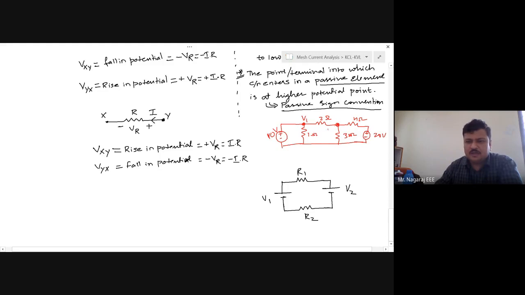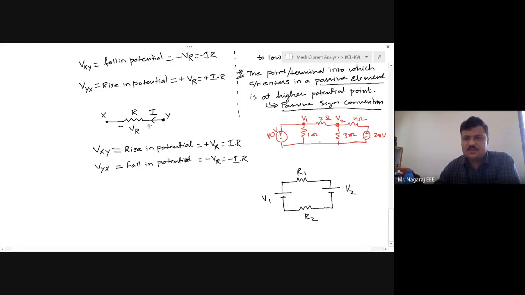Similarly, the current in the second loop or mesh will depend upon the voltage values of V1 and V2 and the current values in the 1 ohm and 3 ohm resistors. I will not know all these things the moment I get this circuit to analyze, so I have to start circuit analysis with certain assumptions.